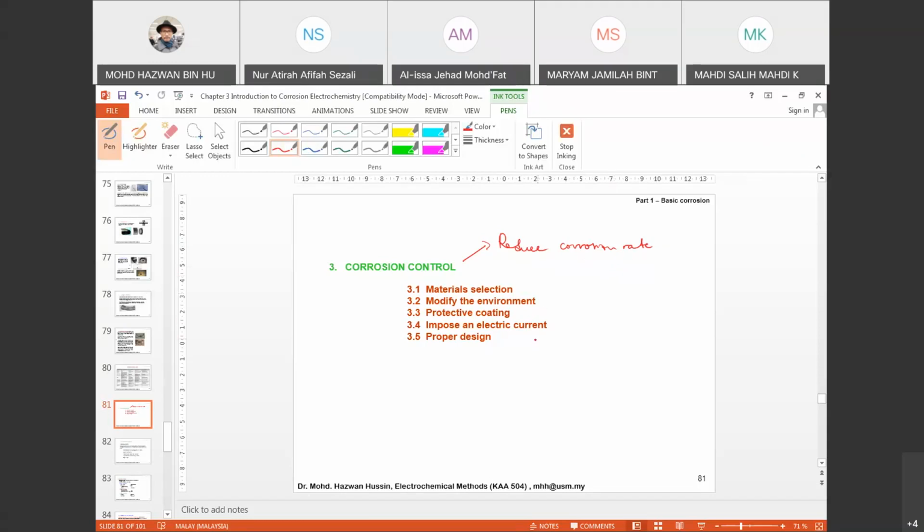So we have 5 major methods to control corrosion. First is material selection. Second, modifying the environment. Third, protective coating. Fourth, imposing electric current. And fifth, proper design. We are going to discuss these one by one.